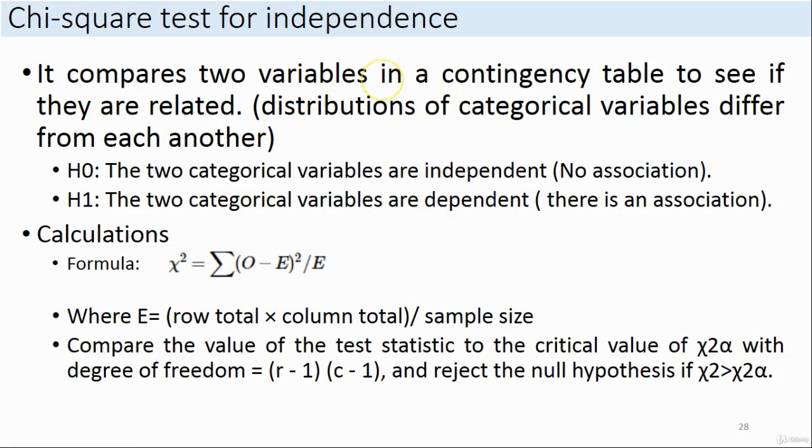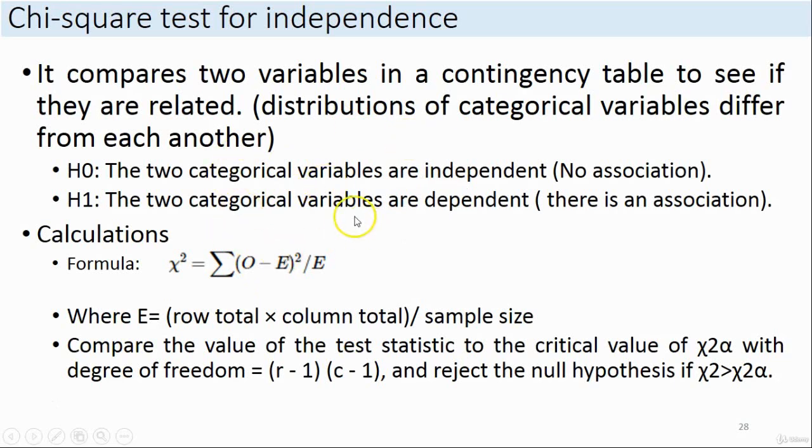The example is, suppose you are looking at marks of a course, say mathematics, and gender. Does gender really matter in the marks obtained in mathematics? These are the questions that can be answered by the chi-square test of independence.